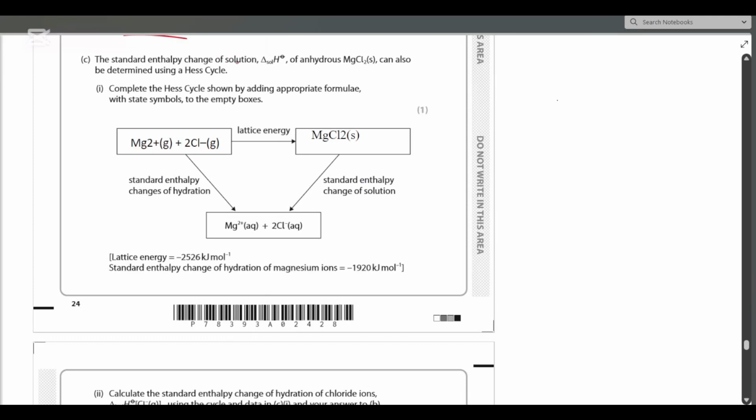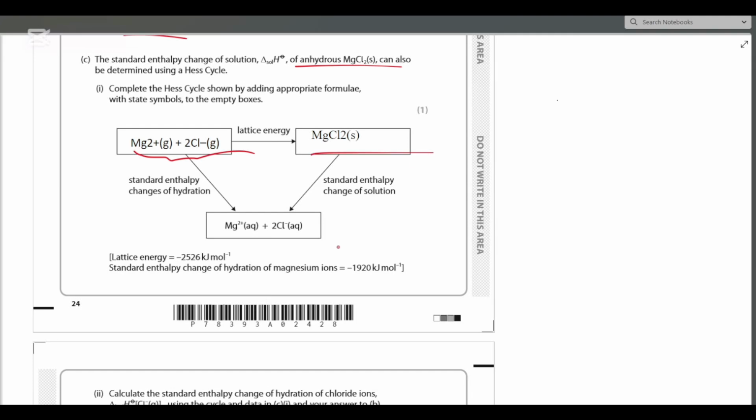Moving on, the standard enthalpy change of solution of anhydrous magnesium chloride is provided in a Hess cycle format, and they told you to complete it, for example this part and this part. Since they said here that this is the lattice energy, in the lattice energy reaction the gaseous ions of the constituent elements react to produce 1 mole of the ionic compound on the right hand side.